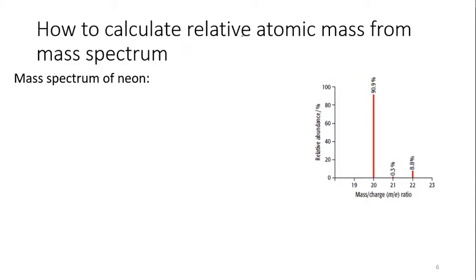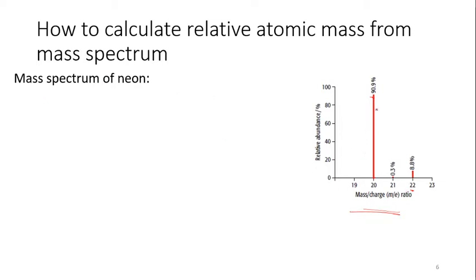So how do we calculate the relative atomic mass from the mass spectrometer? I have here the mass spectrum of neon. I can see a peak around 20 that says 90.9, another peak around 21 which says 0.3%, and at 22 which says 8.8%. The relative atomic mass of neon would be the sum of all those masses multiplied by their percentages, divided by 100.